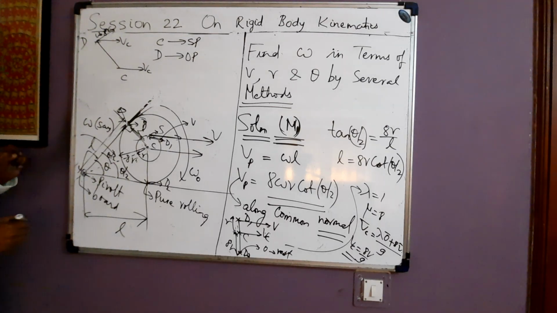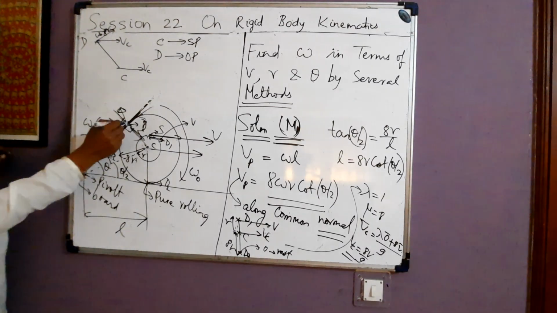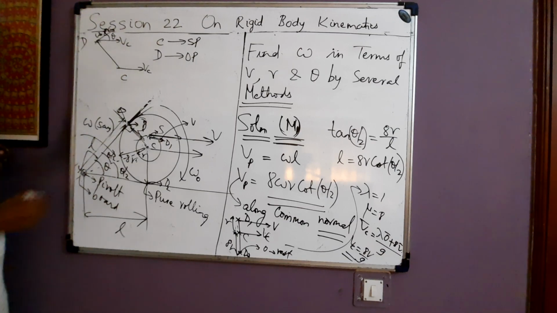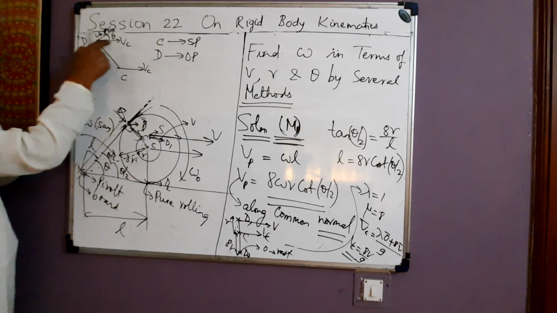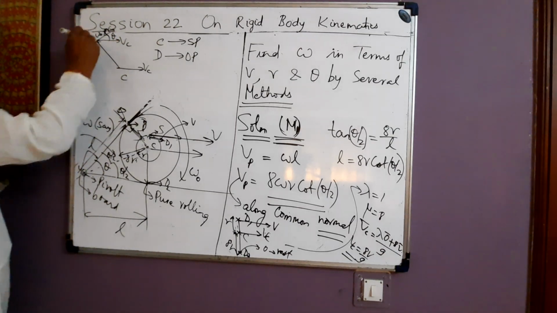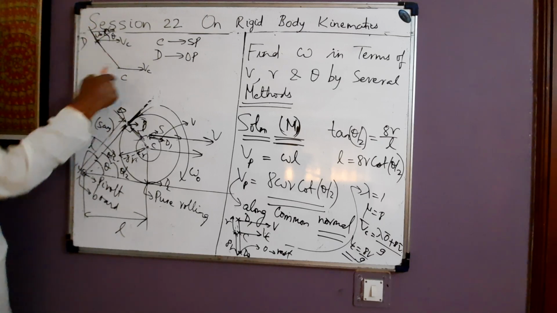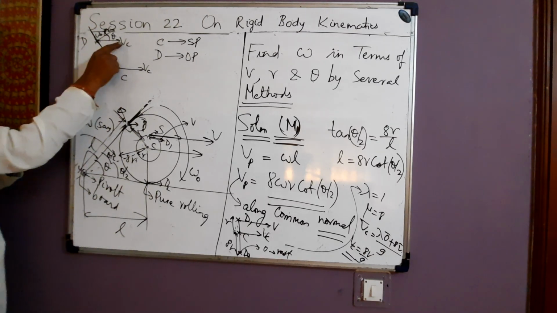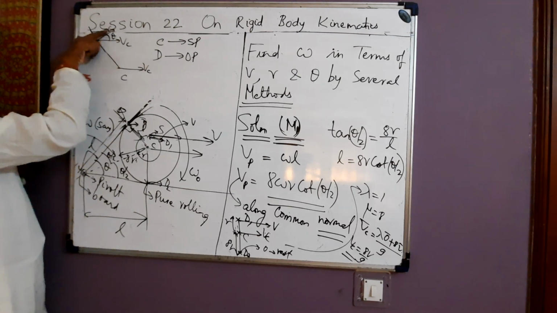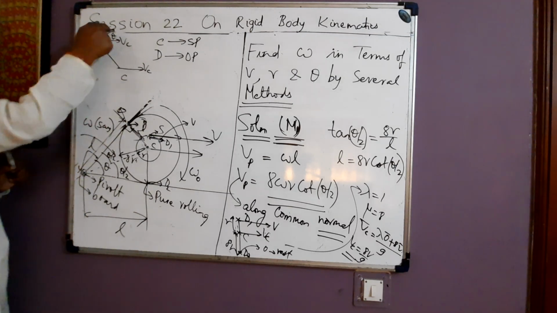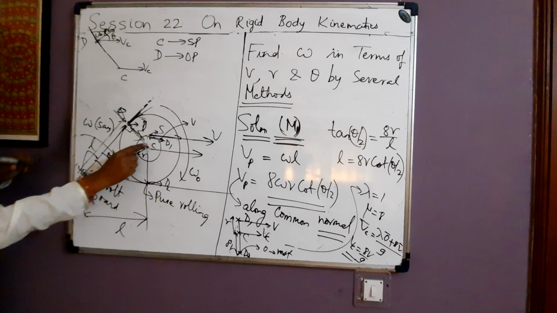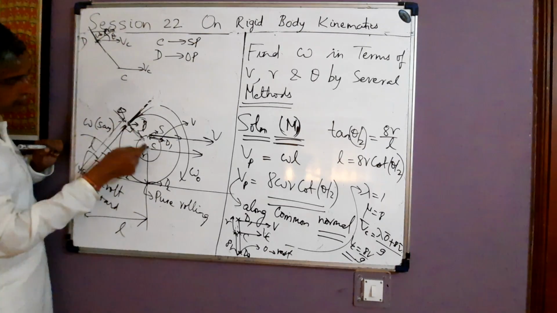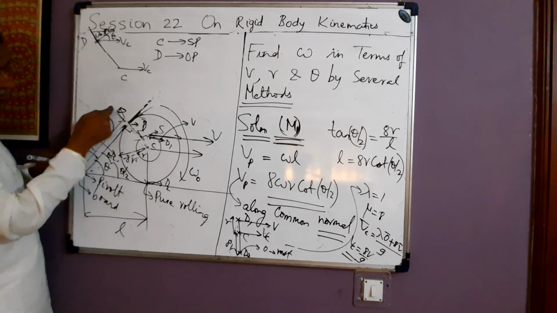So this angle is theta, and by geometry this angle is also theta, corresponding angles. The common normal at this contact point is along this direction. The velocity of D along the common normal is simply Vc sin theta, because omega naught into 8r is along the tangent, at right angles to this line, so it has no component along this direction.